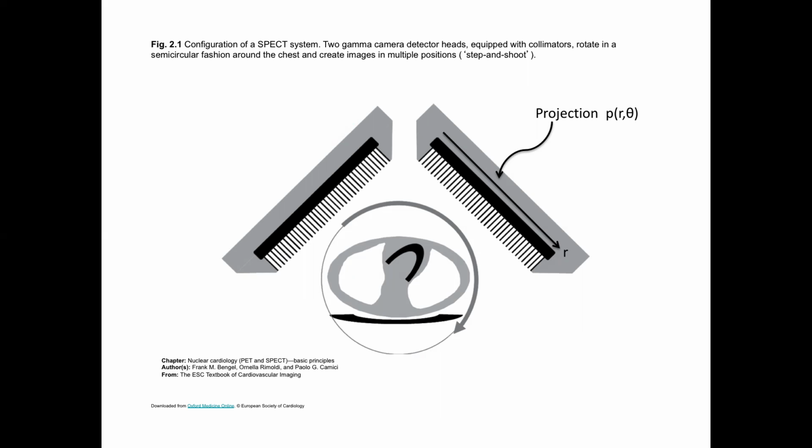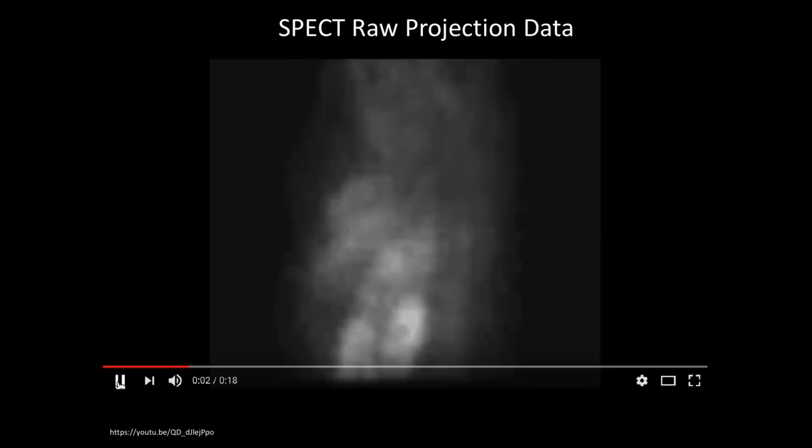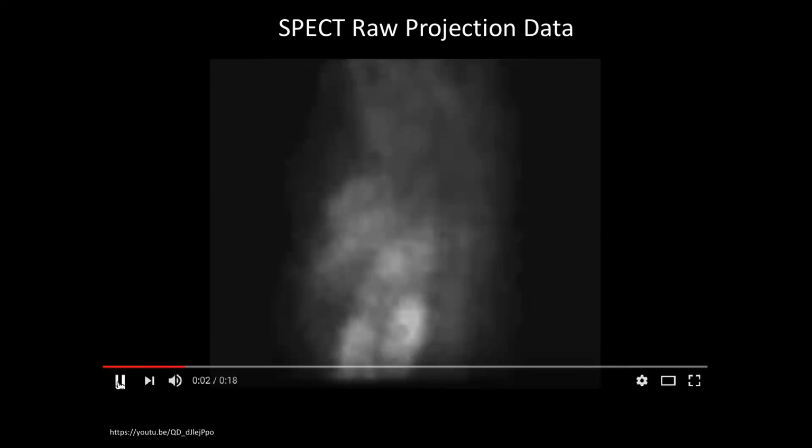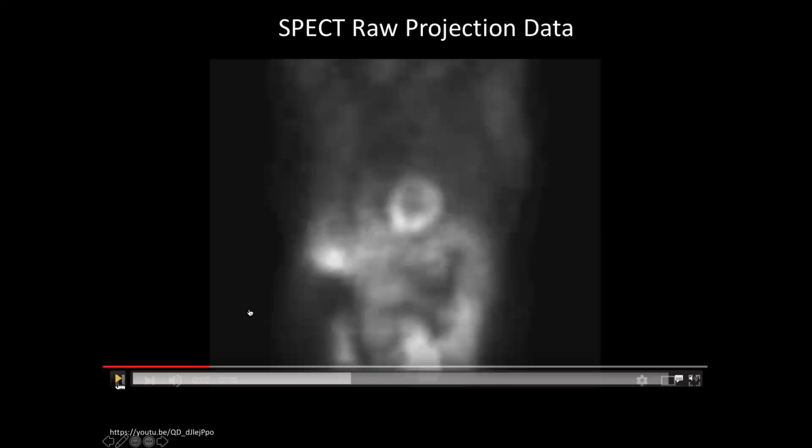In nuclear medicine, you probably don't use 500. So here is the actual data that is acquired from these different projections. So each rotational angle of this view of the data is what was detected by the nuclear medicine scanner. Let's just pause it at one spot, say here.